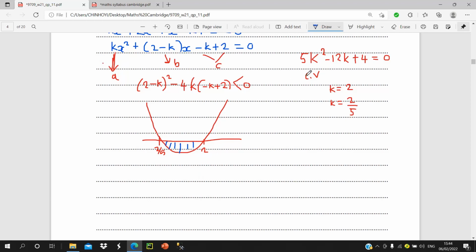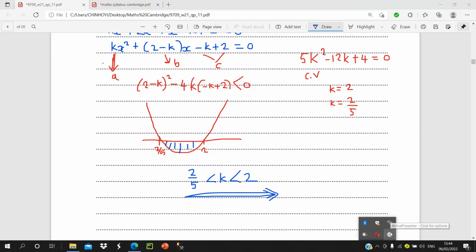Substituting and finding the critical values, the solution is k between 2/5 and 2. So this will be the answer. I hope you have managed to calculate this.